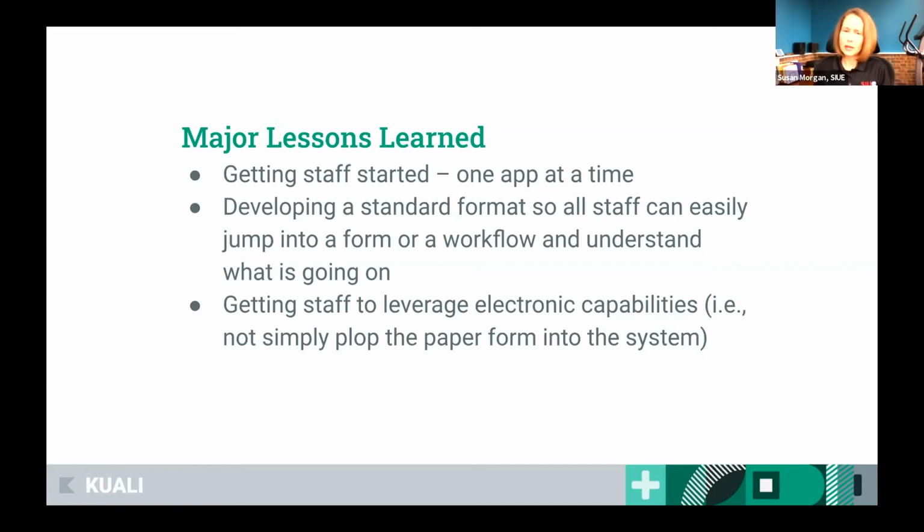An example of that caused me some major grief. With different people putting the application workflow together, you could approve it, which would mean you'd have to approve all of them, even the ones you were denying, or you may be denying some and approving other ones. We didn't have that standardized.